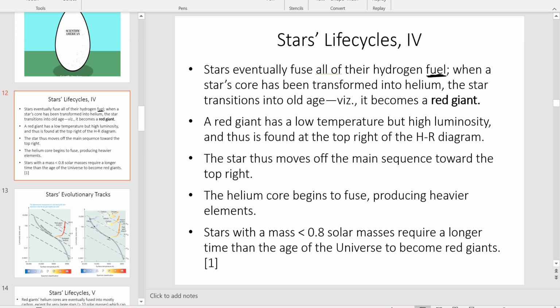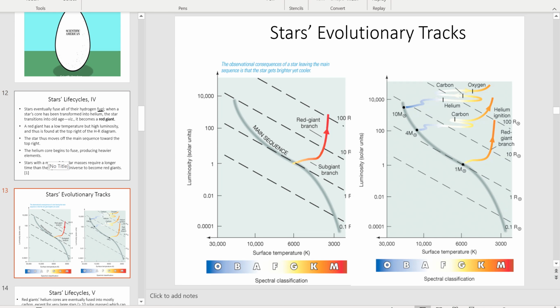So you can keep going, and the red giant is going to then fuse helium, producing heavier elements. And stars with a mass of less than about 0.8 solar masses require longer than the age of the universe to become red giants. So we don't see any red giants that come from stars that have masses less than about 0.8 solar masses. The age of the universe, by the way, is almost 14 billion years, which we'll get to when we talk about cosmology.